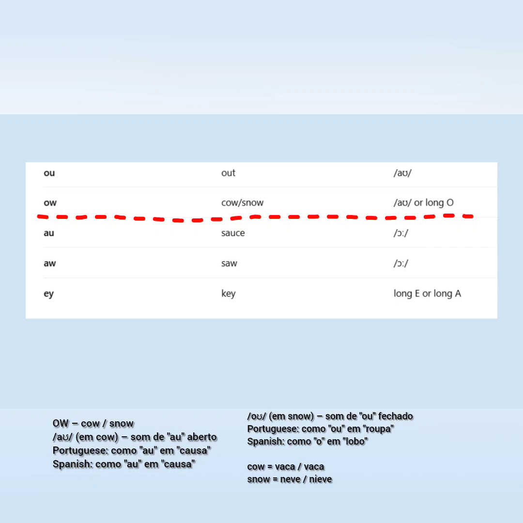Next, we have OW, which has two ways of pronouncing it. It can be pronounced as ow or oh. So long O, oh, in the case of snow.